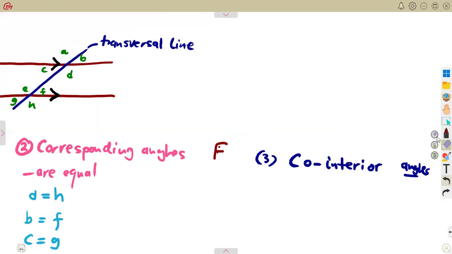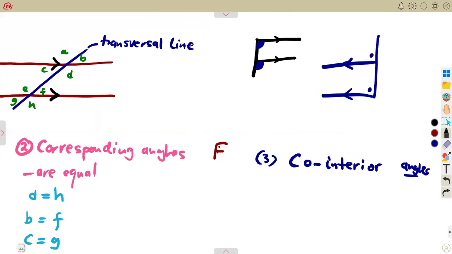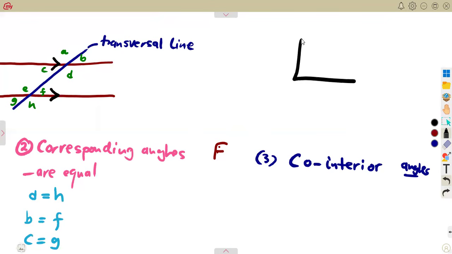If you check on your diagram here, they form a C like this part and this part. These two angles inside, they are inside the parallel lines. One is inside and another one is also inside. They are actually adjacent to each other, so we are considering this angle and this angle on the same line.